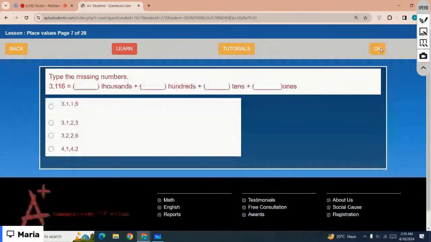Type the missing number 3116. Which digit is at the thousands place? Then hundreds, then tens, and then ones.